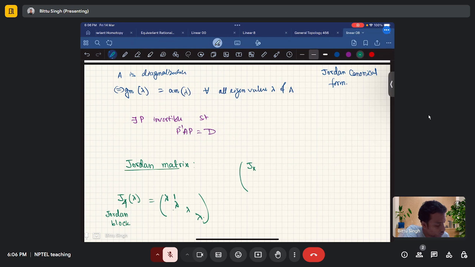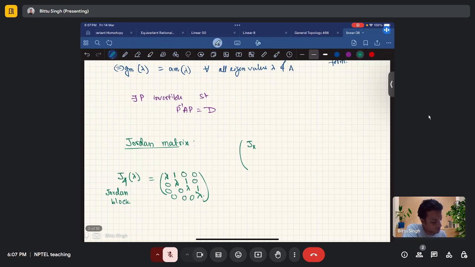There will be four lambdas, and above those lambdas there will be ones, and all other entries are 0. We always skip those zeros and just write the diagonal and the non-zero entries.